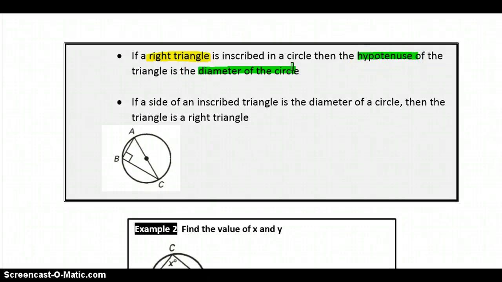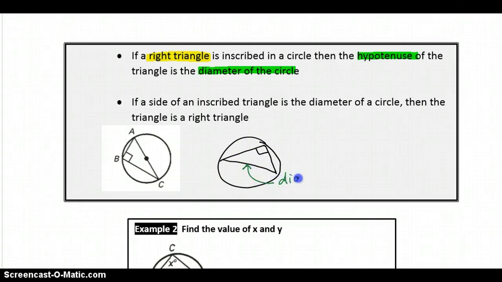So if we know that a triangle inscribed in a circle is a right triangle, it means that this has to be a diameter, meaning it goes through the center of the circle, and it works the other way as well. If a side of an inscribed triangle is the diameter of the circle, then it means that that triangle has to be a right triangle.